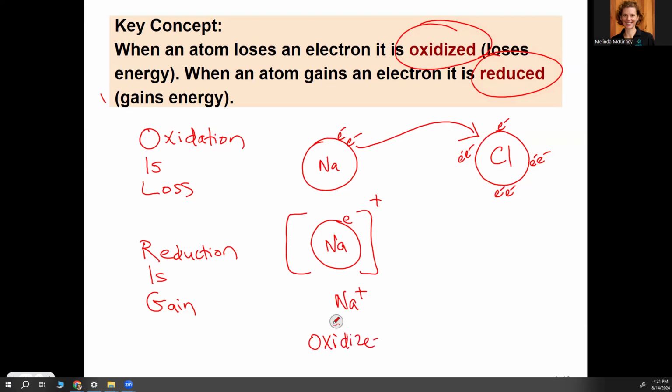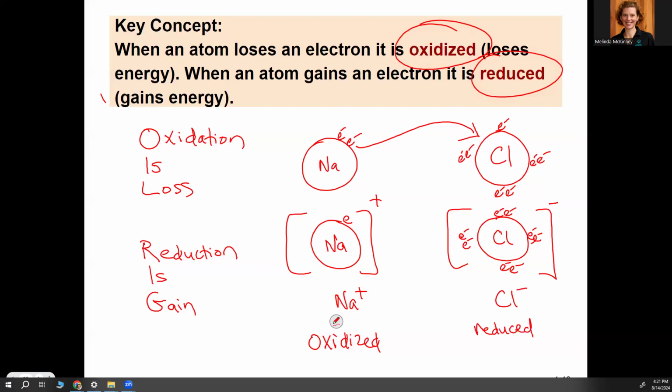It has lost its electron. Whereas over here, chloride has gained the electron, so Cl-, right? Now it's actually going to have 8 electrons on the outside. So it's nice and happy. These atoms really like to have 8 electrons. And so this has a net charge of -1. So this chloride ion has been reduced.